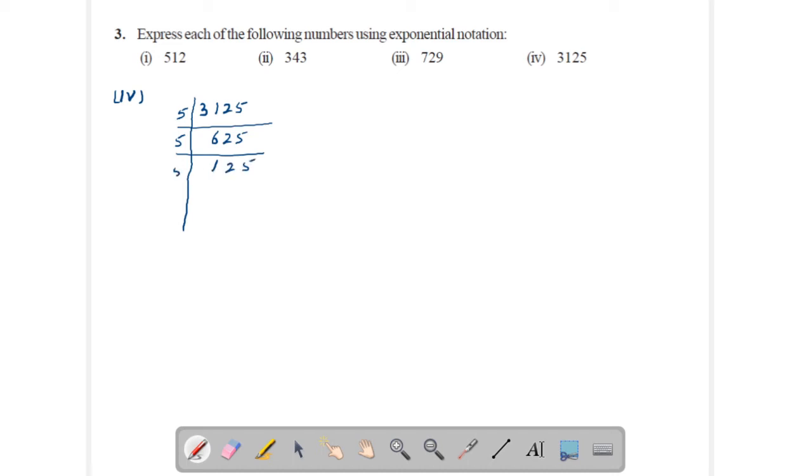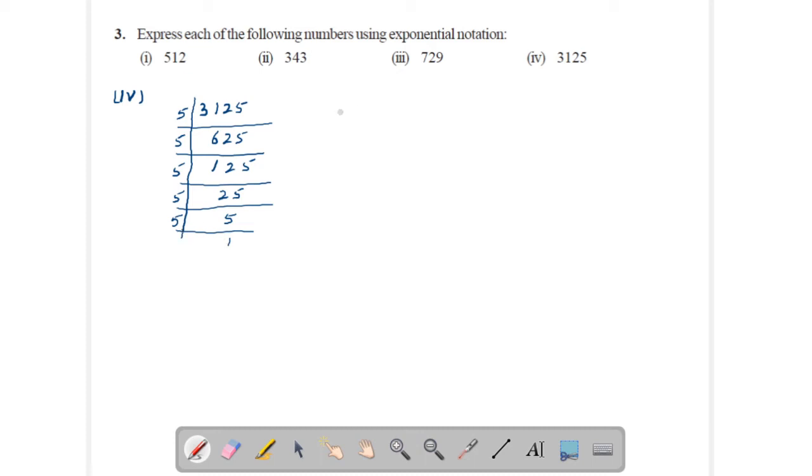Again it is divisible by 5. You will get 25. Again it is divisible by 5. You will get 5. And 5 again is divisible by 5. You will get 1.